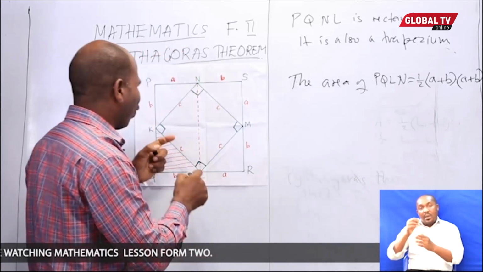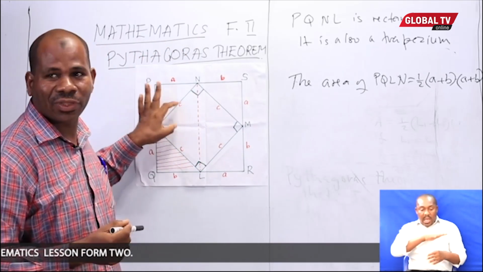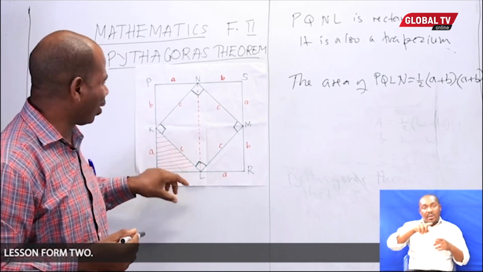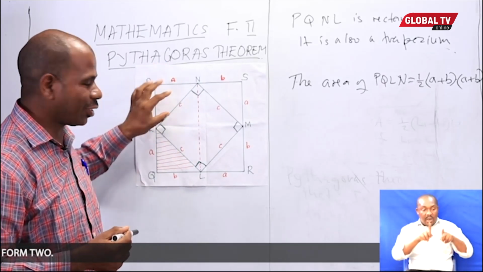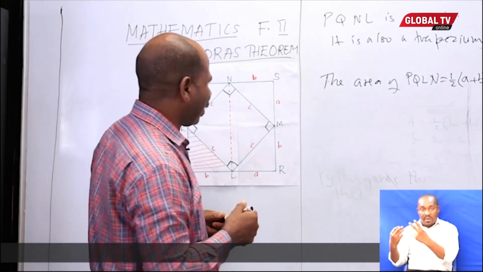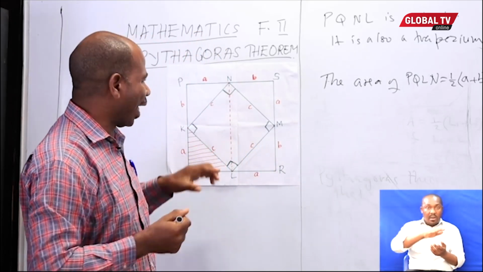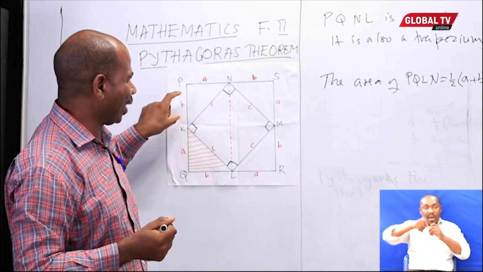And the area of a trapezium is the same as adding the area of 3 triangles. We have triangle number 1, triangle number 2, and triangle number 3. So the area of a trapezium is the same as adding the areas of the 3 triangles.